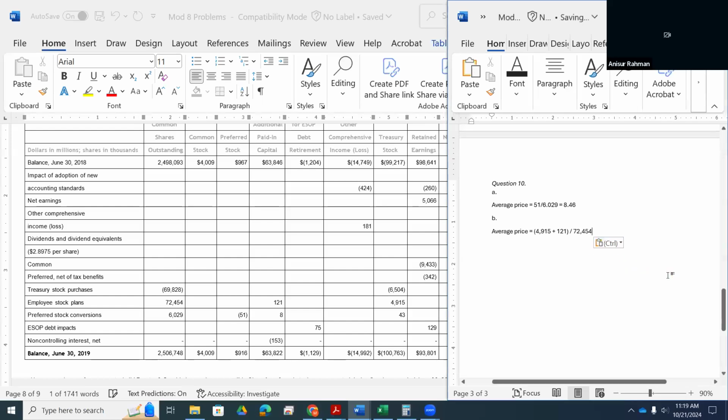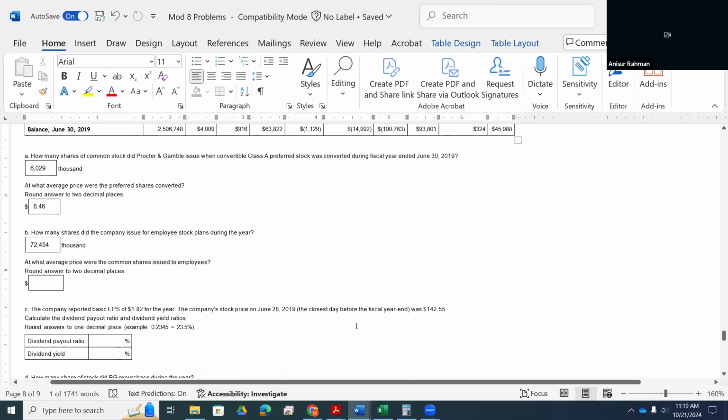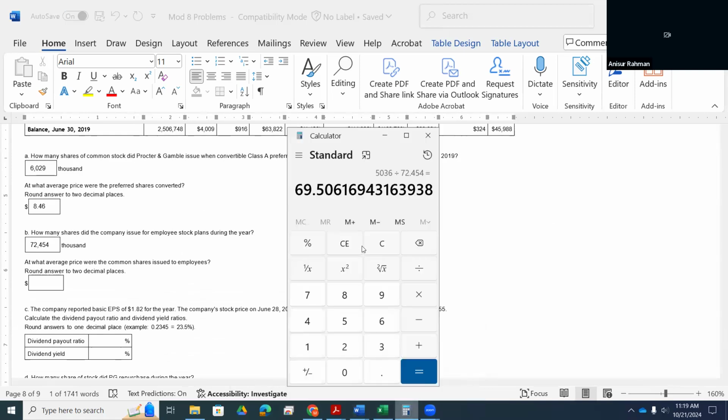These are in millions and these are in thousands, so it will be 72.454. To two decimal places, 69.51.